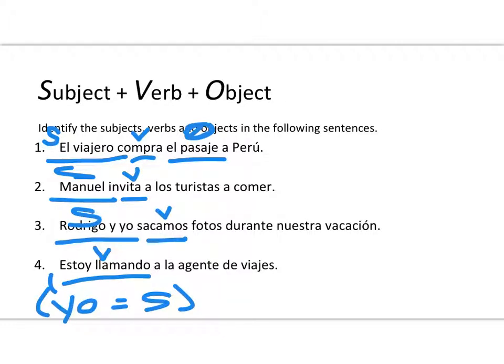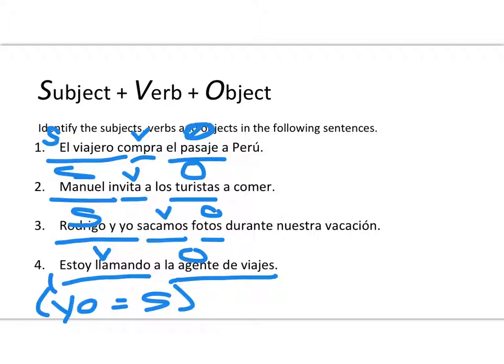All right, objetos. Número 2. Los turistas. Muy bien. Número 3. Fotos. Y número 4. La gente. De viajes, no, la gente. So in número 2, we identified in número 1 that a pasaje is our ticket to Peru.